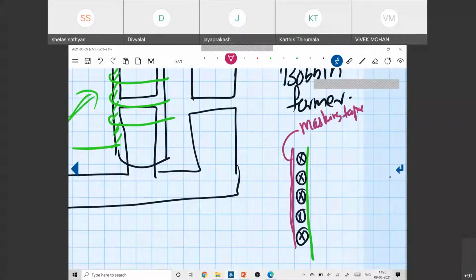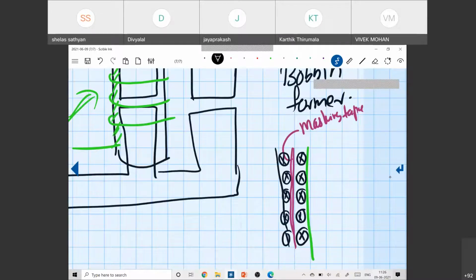So once one layer of masking tape is done, again we will be winding on this the second layer till we get the sufficient number of inductance. So this process will continue.